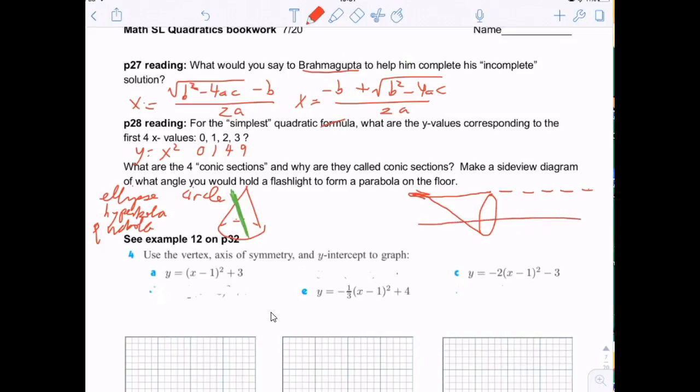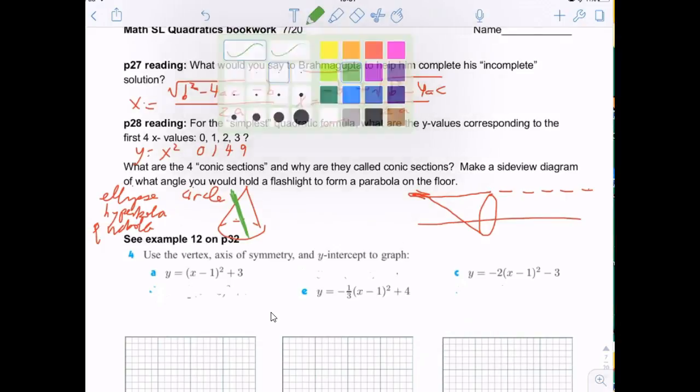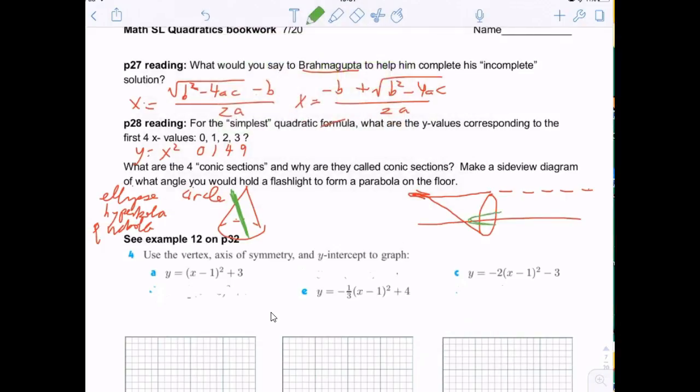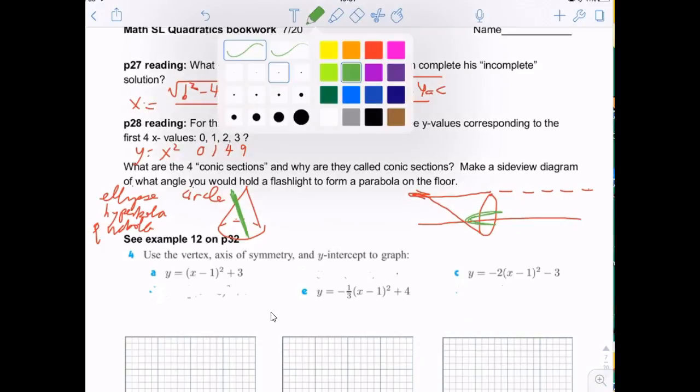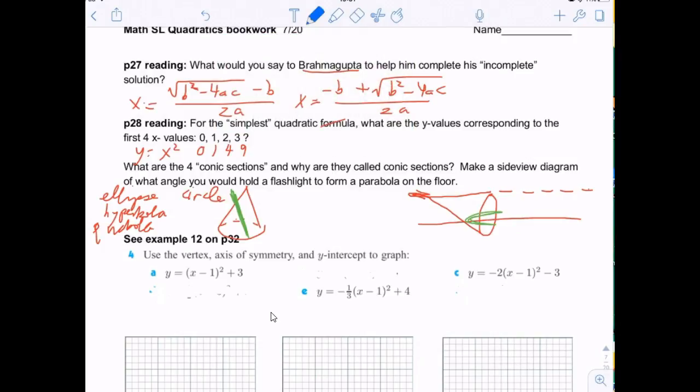See? And if you do that, the way the light is going to be on the floor is going to be a quadratic here. It's kind of tricky because if you simply cut the cone vertically like that, then what you're making is a hyperbola, which kind of looks like a quadratic, but it's different.